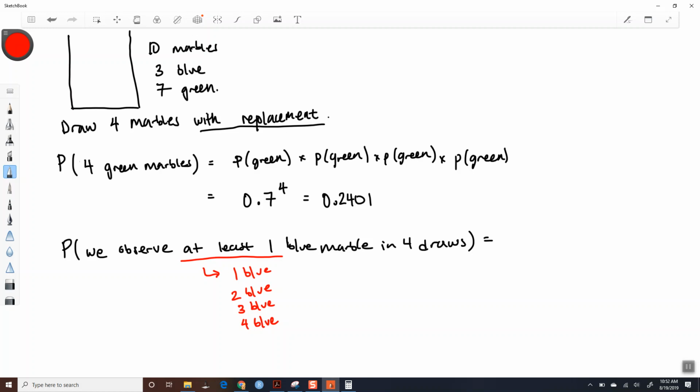If we get 0 blue marbles, right? All right, so this is all the possible outcomes. We're either going to get at least 1 or 0, okay? And that's the universe of possibilities, okay?